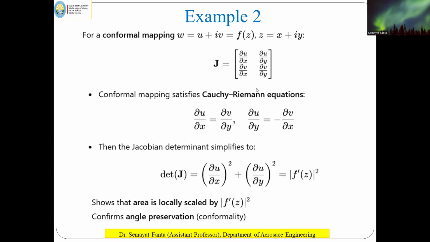For example, in the second column, instead of dv/dx, we can put du/dx here. So it becomes the Jacobian du/dx squared plus du/dy squared, which is the magnitude of the derivative of f of z squared. This shows area is locally scaled by the square of f prime of z and conforms to angle preservation, conformality.